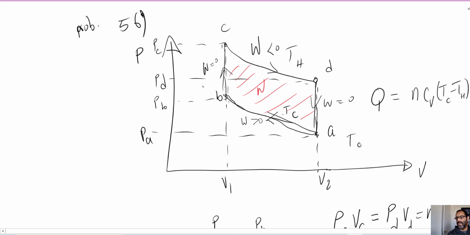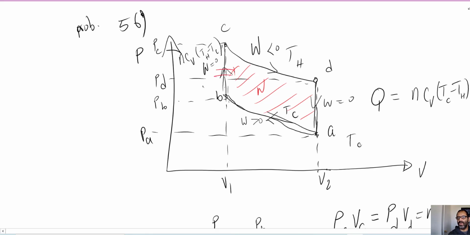So this is basically how much heat there is in this case, and then the heat in this case is going to be N times CV times the final temperature TH minus TC. So this is heat injected in the system, the additional heat that we're going to gain from the process.